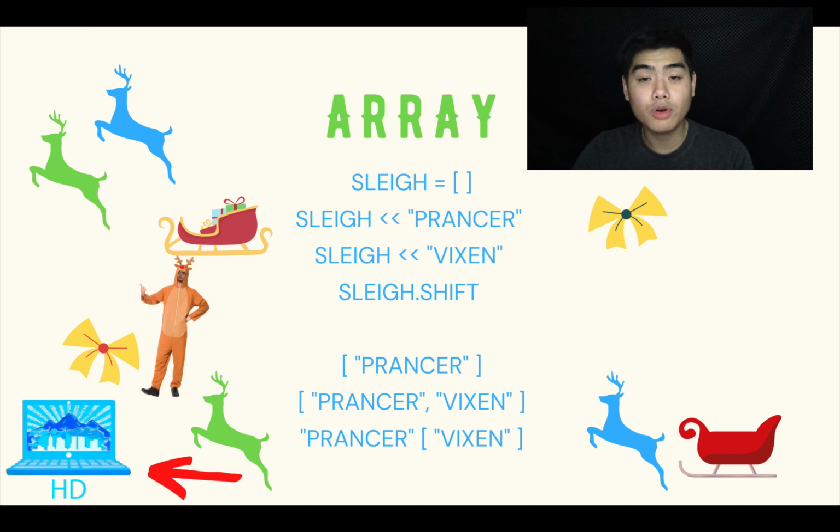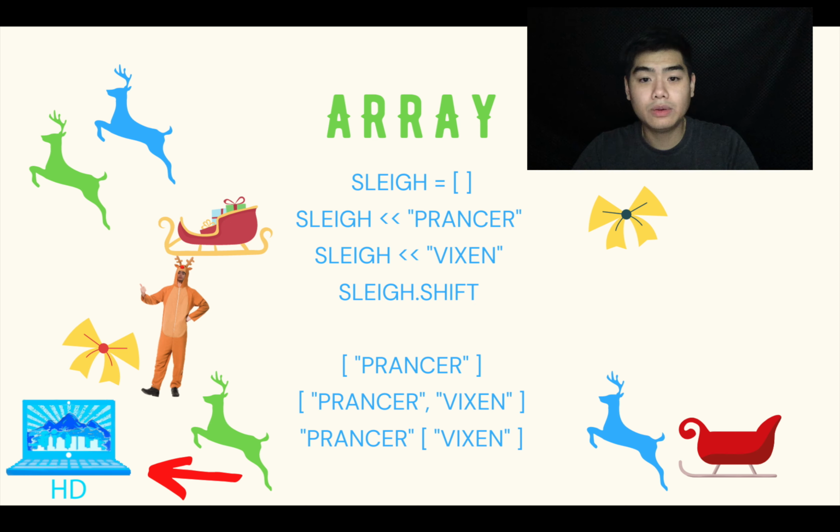So when we are removing Prancer at that point in time, all of the items that are still inside of the queue will be shifted over by the index value as well. So it will still be removing the first element first. Now, since we are removing Prancer, Vixen's index is now 0, so he is next up in line to be removed from the queue.